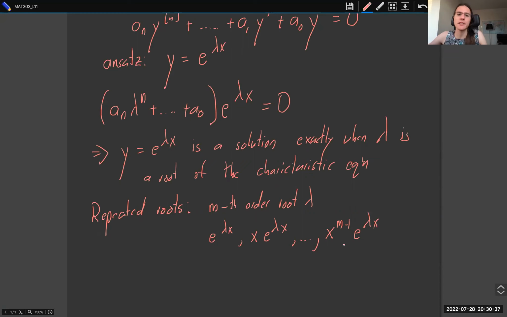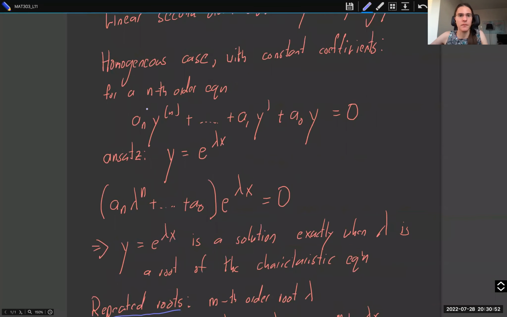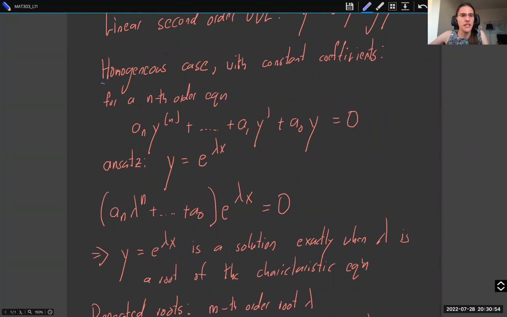So you want m solutions in general, and if it's a repeated root, you just keep adding powers of x. So that tells you how to solve arbitrary order homogeneous equations with constant coefficients that are linear.